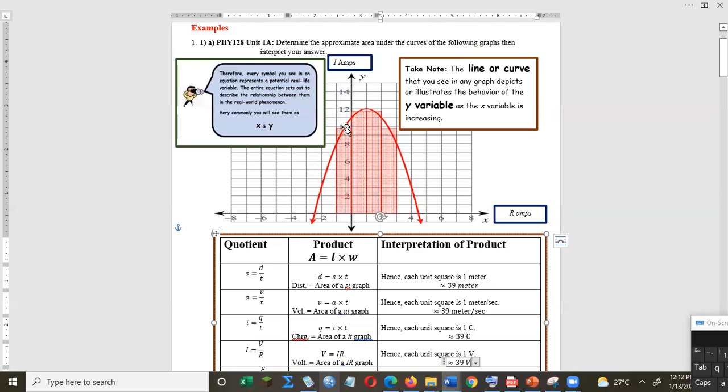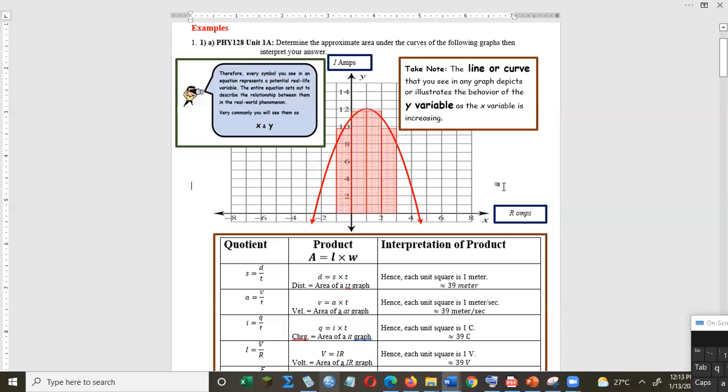But after a certain point, let's say when the resistance reaches 1 ohm, the current starts to decrease to 0. So this graph shows you the behavior of the current, if we define Y to be current and X to be resistance. So always bear that in mind.